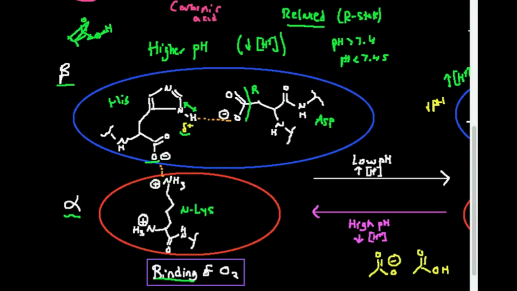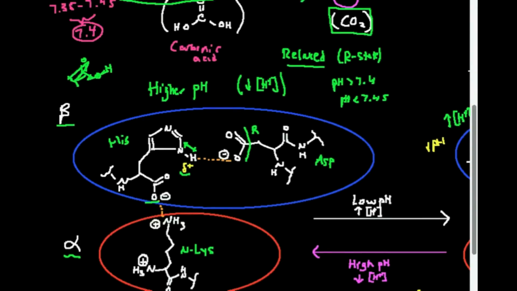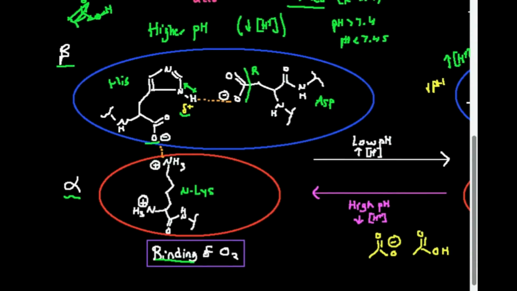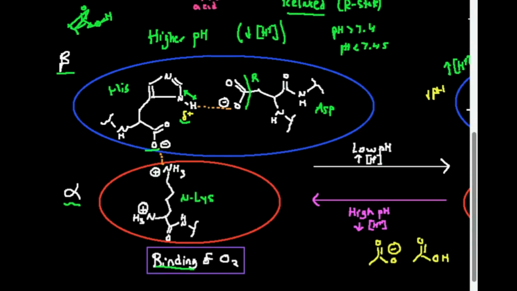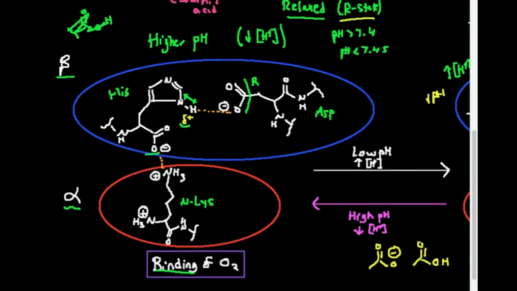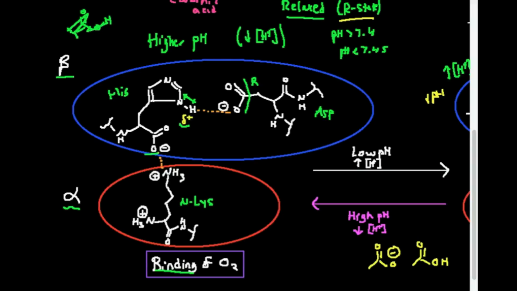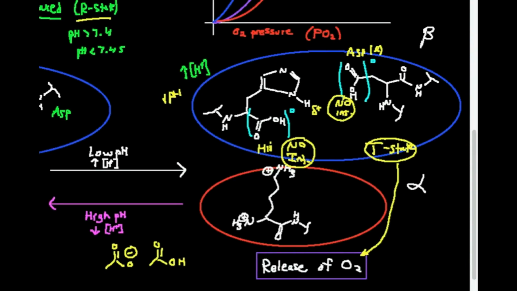Now here's sort of an obvious question to think about. Where in the body might it be important to stabilize something in the R state, where you have binding of oxygen, versus where might it be more important to stabilize it in the T state, where you have release of oxygen? Well, where do you want release of most of the oxygen? By metabolically active tissues, right? That's where you want it, okay?